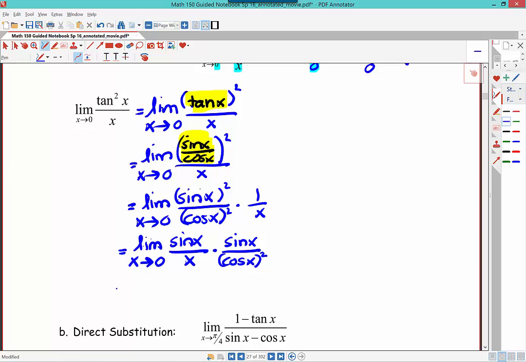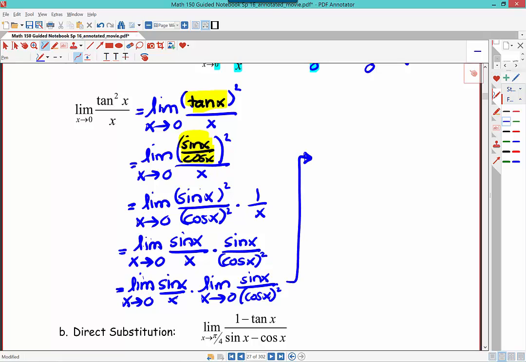Awesome. So now, remember the limit of a product is the product of the limits. So we can split it and say the limit as x approaches 0 of sine at x over x times the limit as x approaches 0 of sine at x over cosine at x squared.